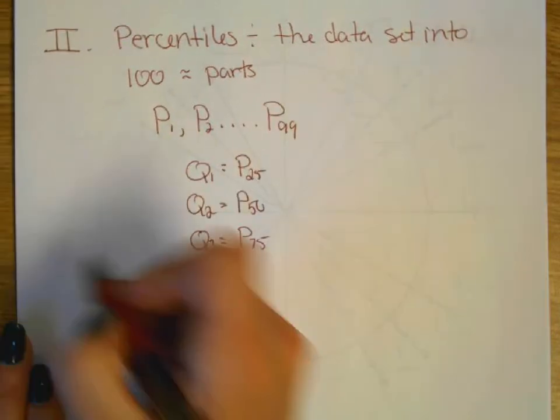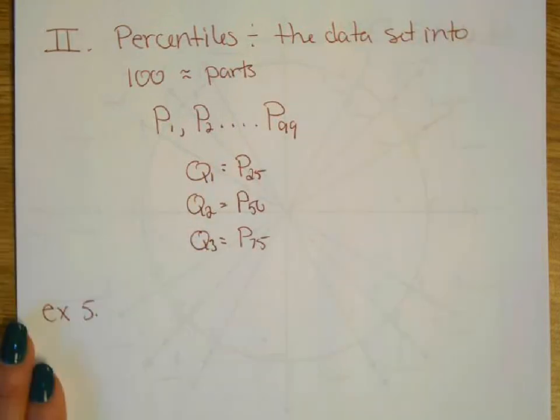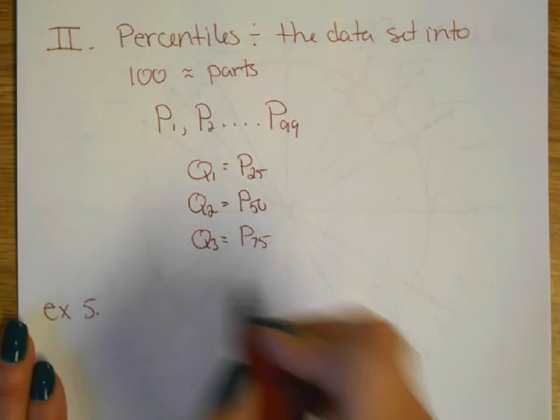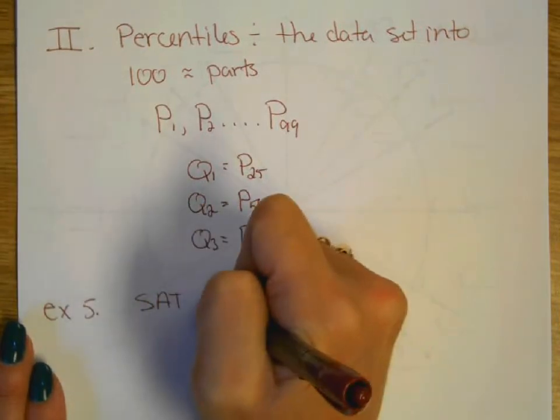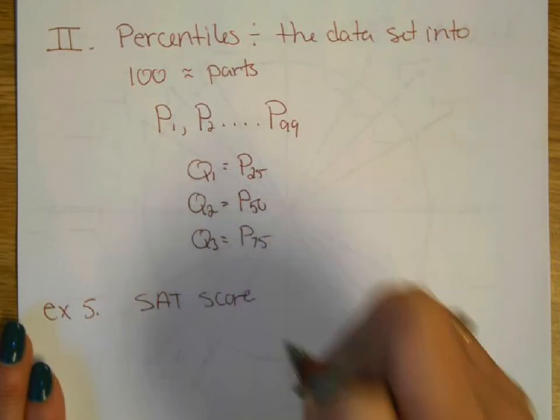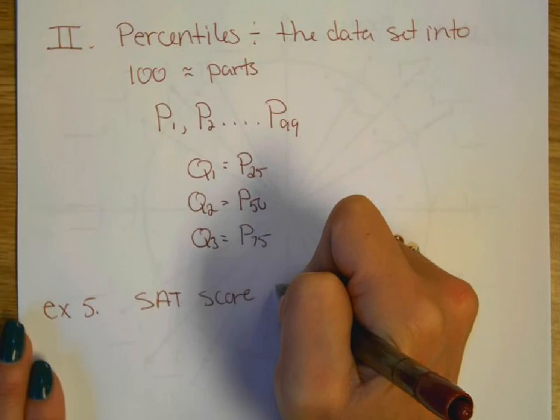So the last thing I want to do here is look at, I don't know if I'm on 5, yep. We had an SAT score last year. I'm not going to say who it is, you might know who it is, that represented the 99th percentile.